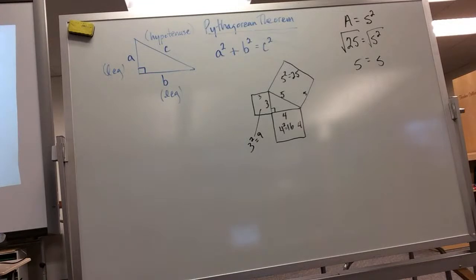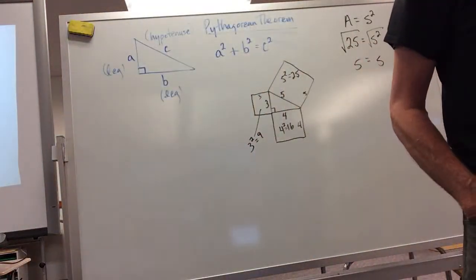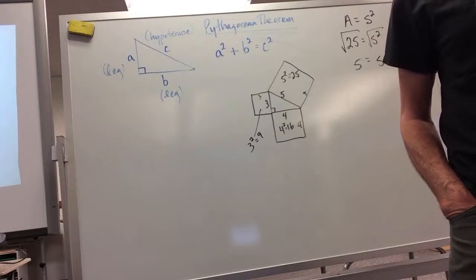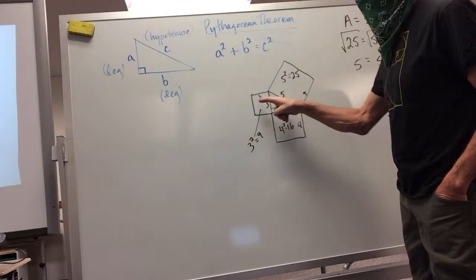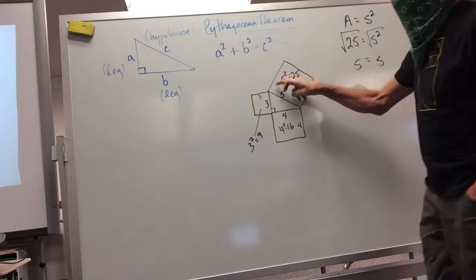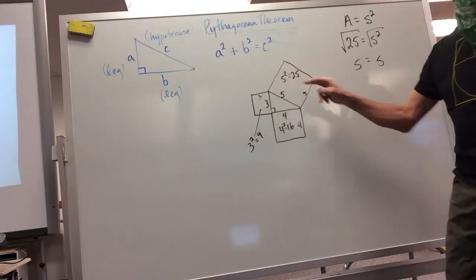And then you could easily just cut out a 5x5 and just tape it right over the top of that. So she did this on grid paper, all of this, everything except for the c squared.